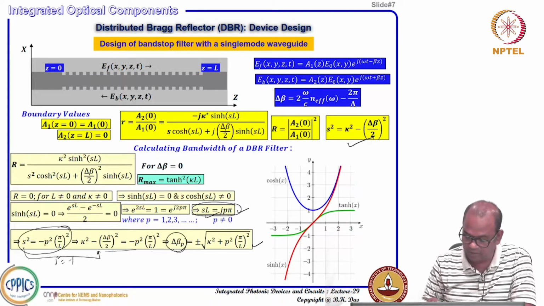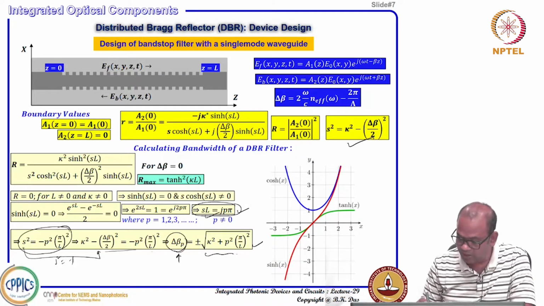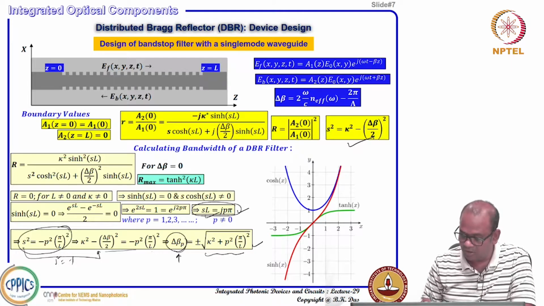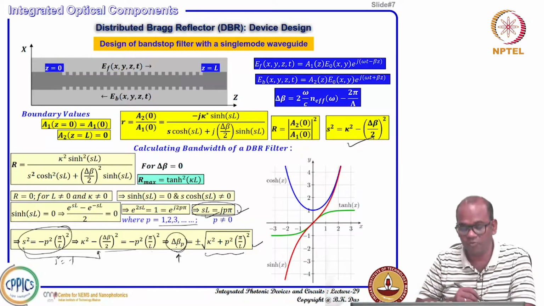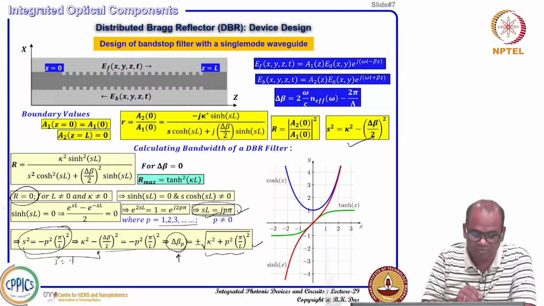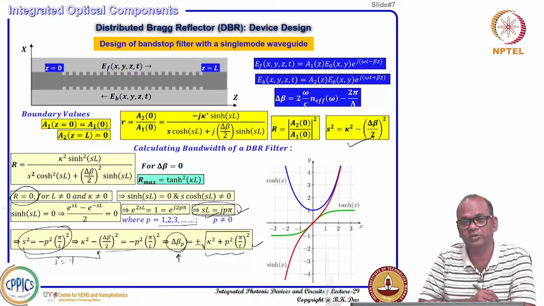So, I can find out for this delta beta value if it satisfies either plus or minus of this one when p is running over 1, 2, 3. So, you will get discrete values of delta beta solutions where r can be equal to 0, reflectivity can be 0.